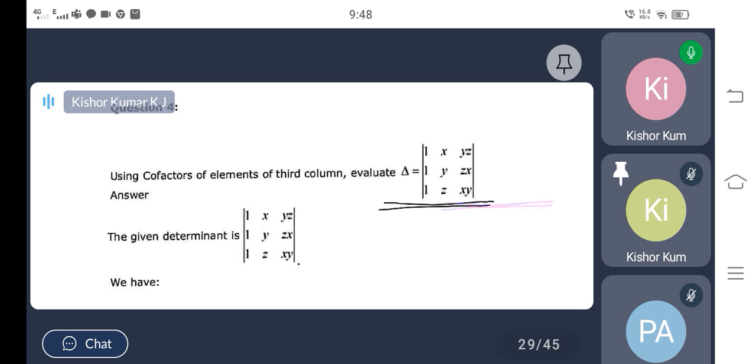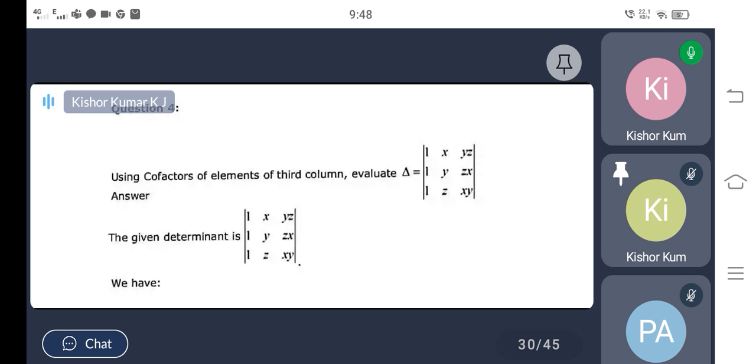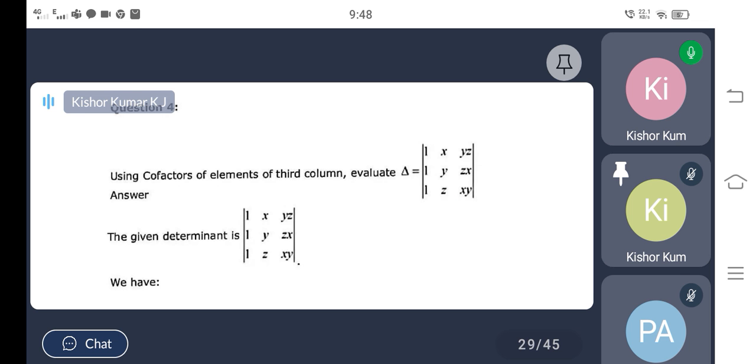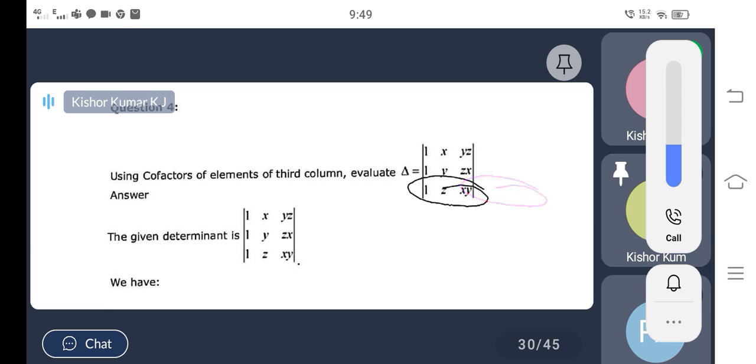Now here we have to use the elements of the third row to evaluate. So first, we should calculate the minors of the third row. After getting the minors, we can easily calculate the cofactors. Definitely, if we take the product of these two, we will get the determinant.